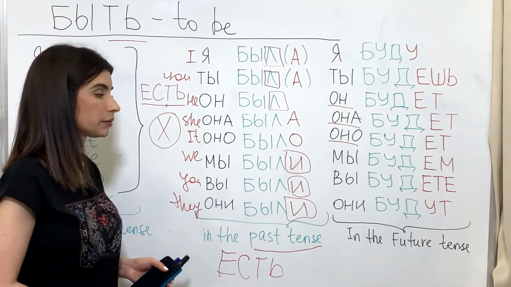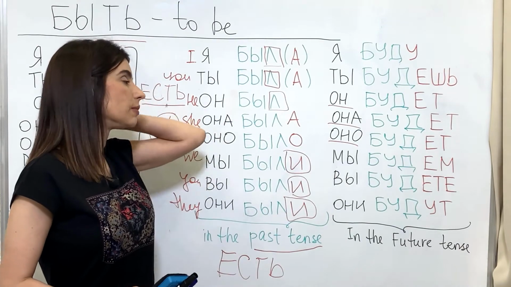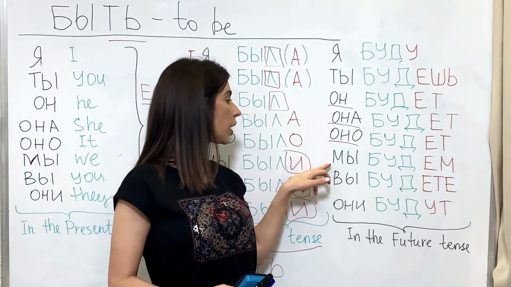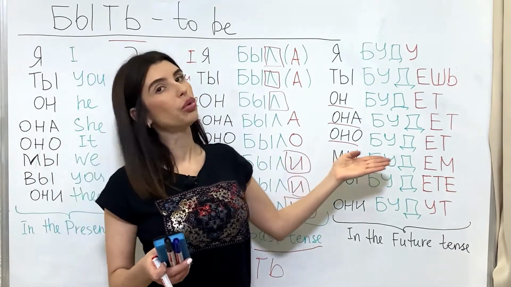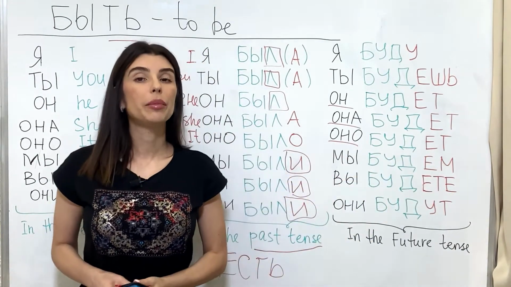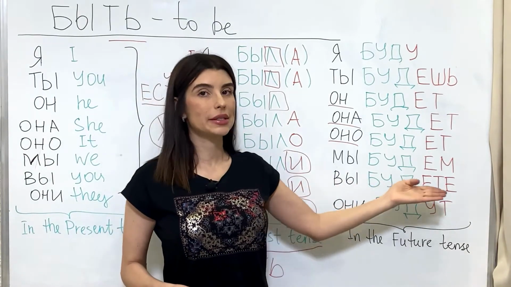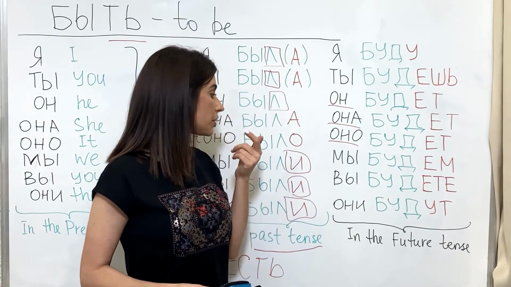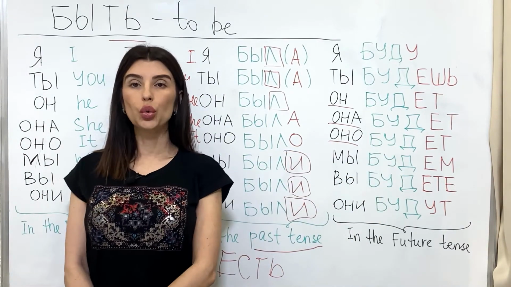So, eat. Next one, мы. Like we are. Мы будем. Мы будем. Вы будете, да? Вы будете. Они будут. У-т at the end.